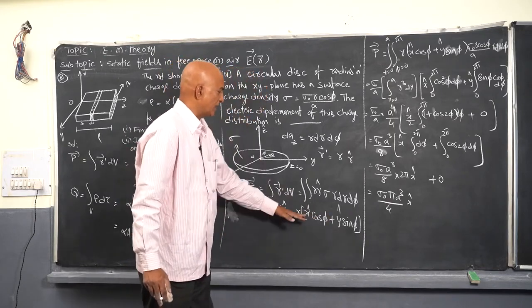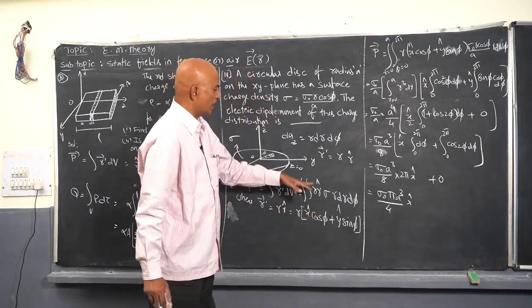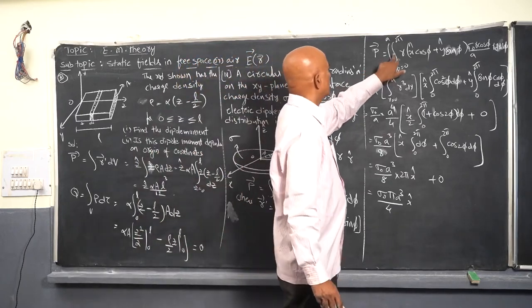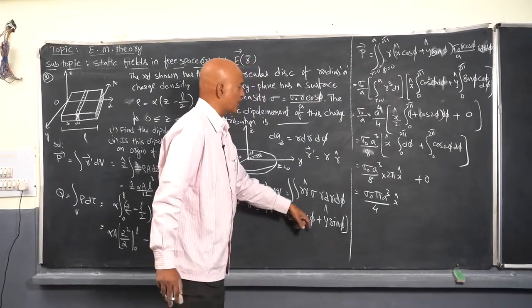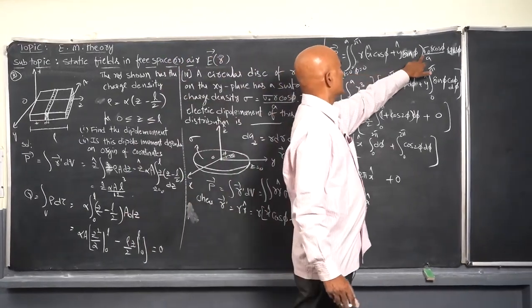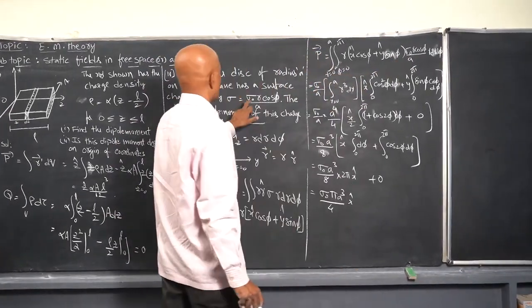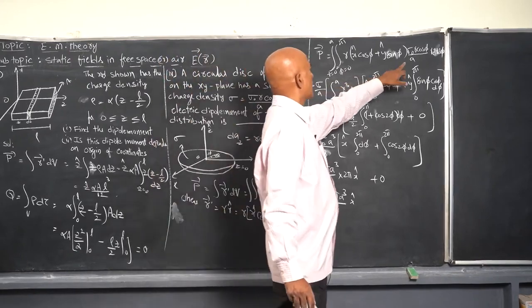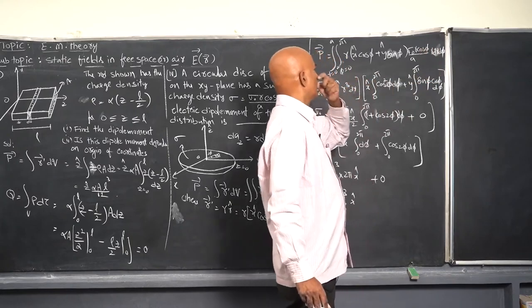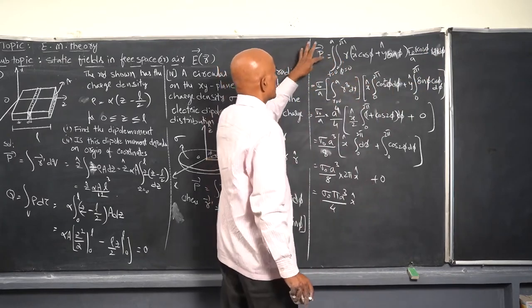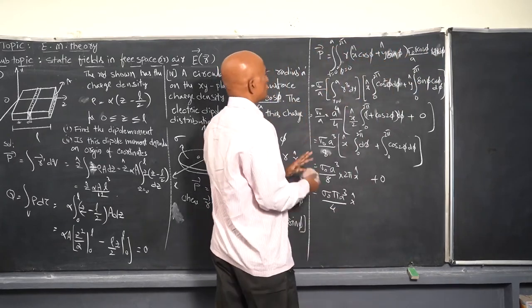So writing this value and the sigma value here, what we get is p equal to the integral of r into, in place of r cap, x cap cos phi plus y cap sin phi, in place of sigma, sigma naught r cos phi by a, into the area element r dr d phi. Now sigma naught by a are constants, so I have taken them out.